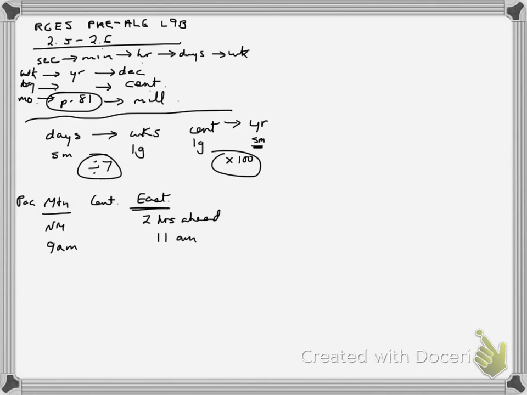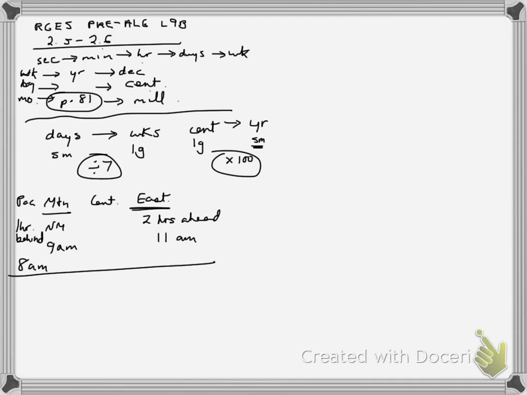If I'm calling somebody who lives in California, let's say, they will be 1 hour behind me. So if it's 9 a.m. here, it would be 8 a.m. there. So make sure you understand this concept of time zone.